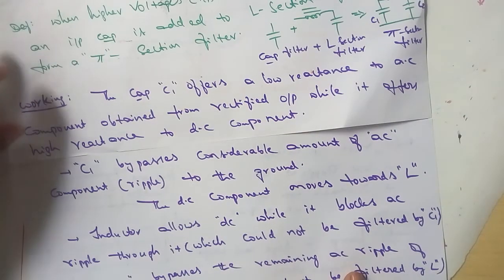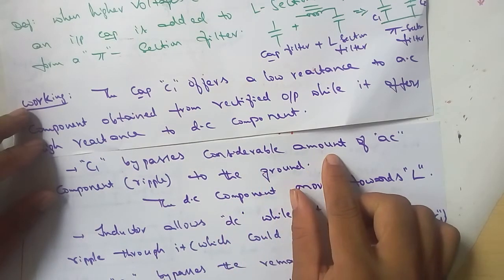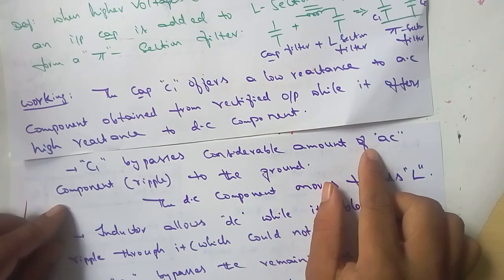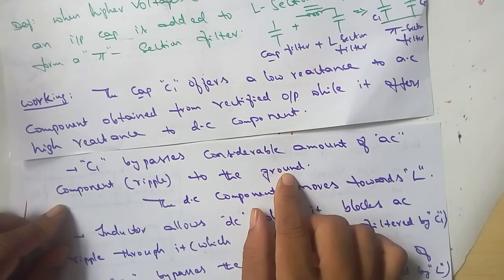That's why C1 bypasses a considerable amount of the AC component, or ripple, to the ground, right?